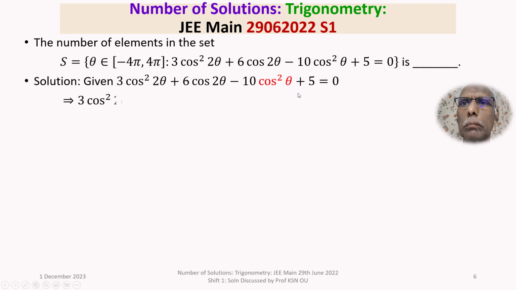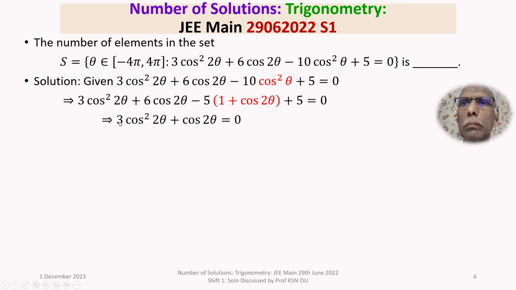Then the 10 cos square theta becomes minus 5 times 2 cos square theta, that is, for 2 cos square theta we have written 1 plus cos 2 theta, and the remaining terms are the same. After simplification we get 3 cos square 2 theta plus cos 2 theta is equal to 0.